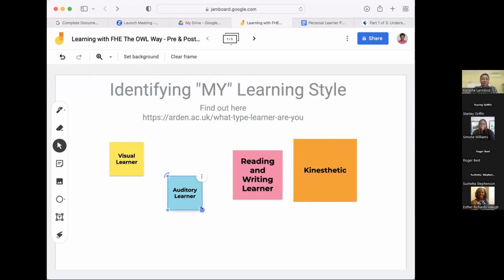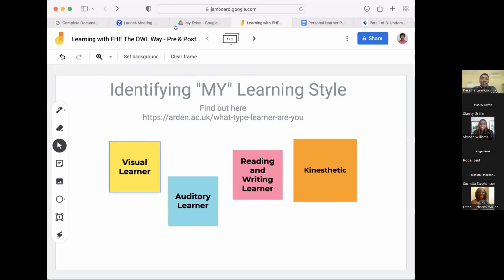So the visual learners in the space, I'm going to call on different persons to tell me what type of learner they are, based on what they got from the assessment done, the VAR learning styles.